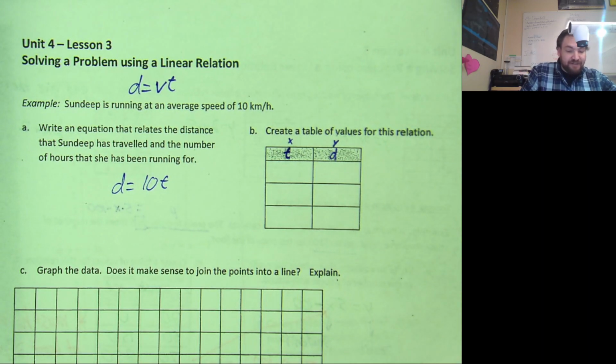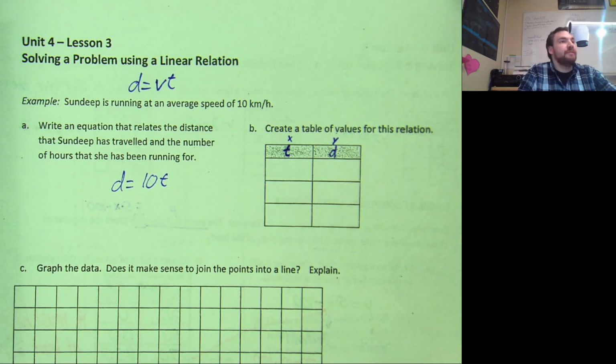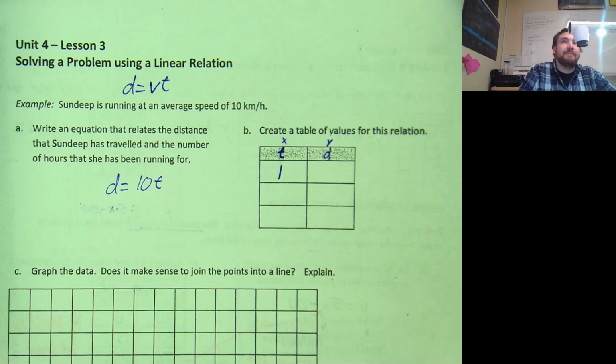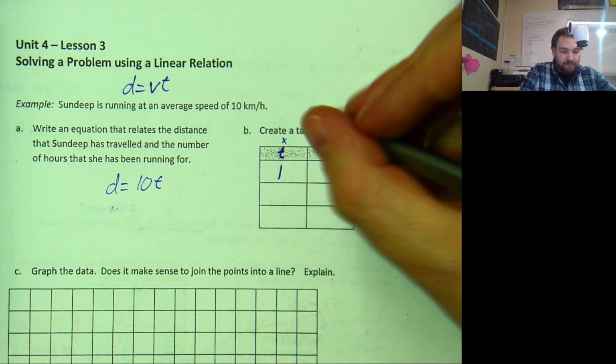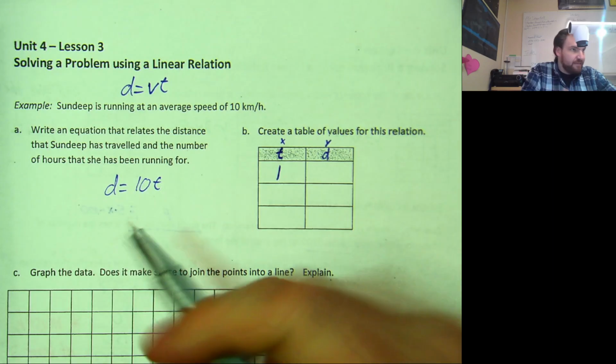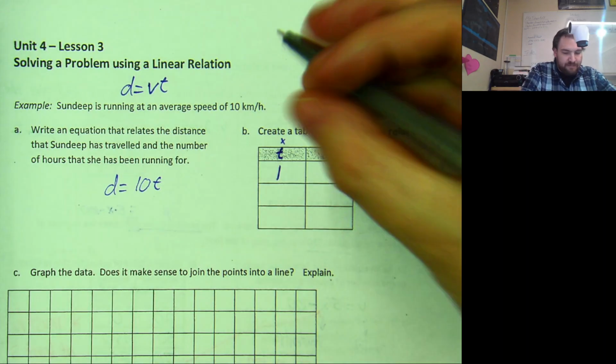And now let's create some table of values. What is a good initial time to choose? Sure, we can pick 1. After 1 hour, how far has Sandeep gone? I take my 1, I plug it into this equation. 10 times 1 is? I'm hearing everyone say 10.